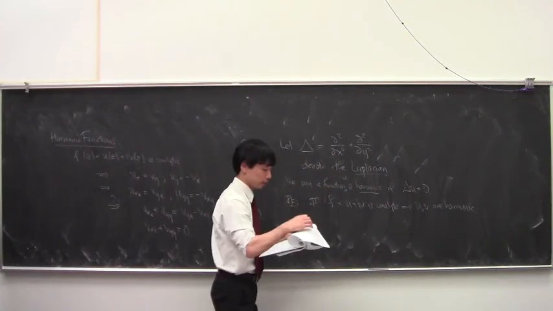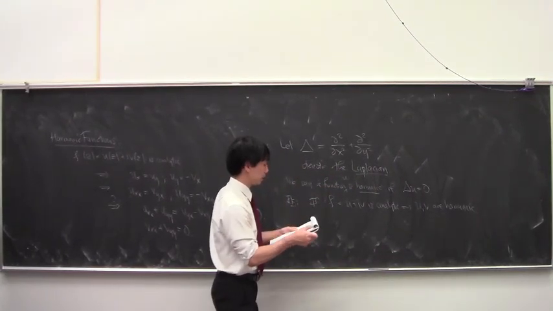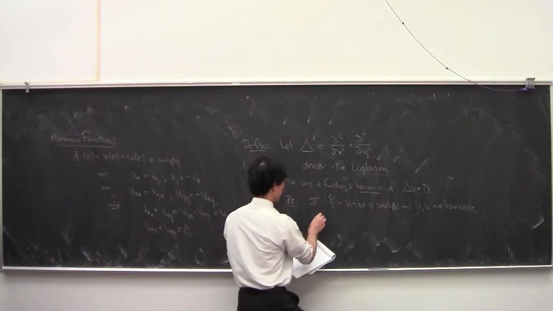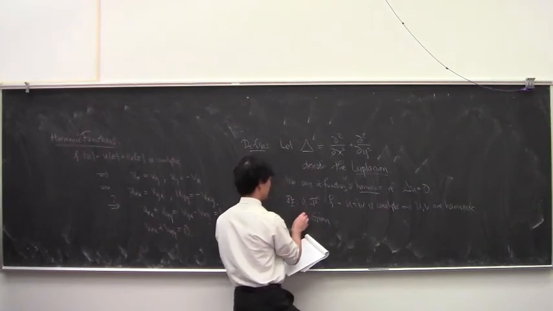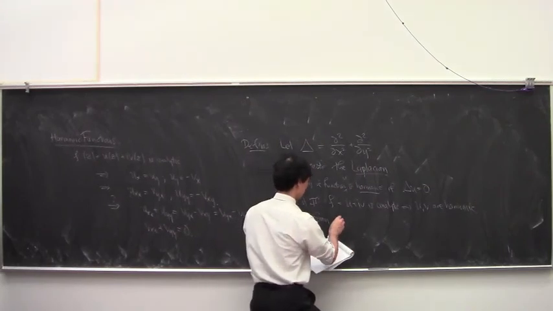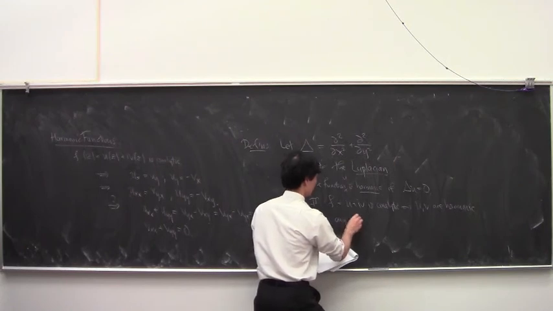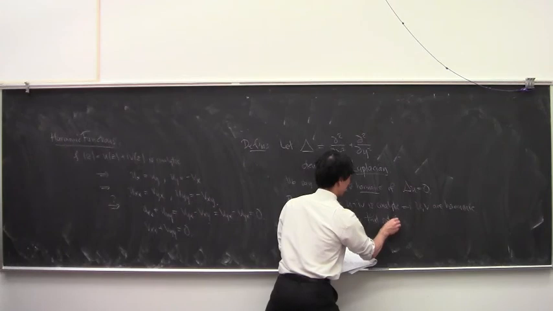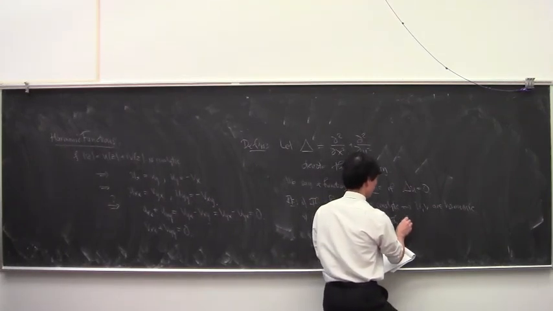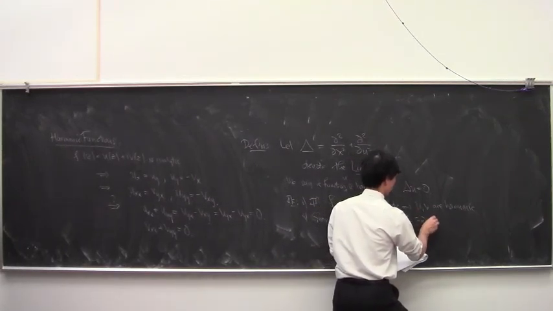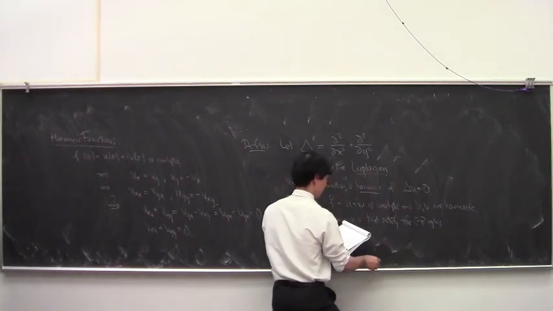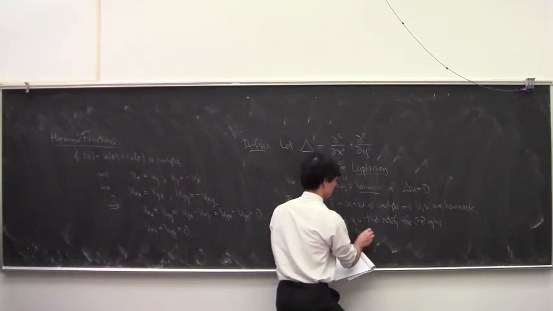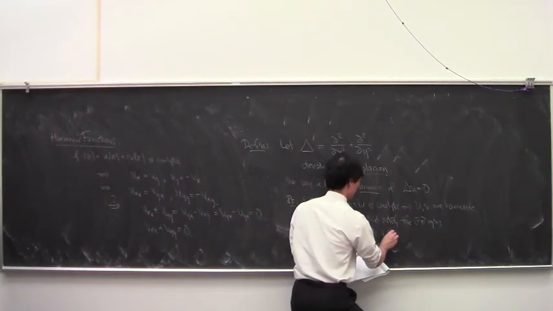And given any u and v that satisfy the Cauchy-Riemann equations, one calls v the harmonic conjugate of u.